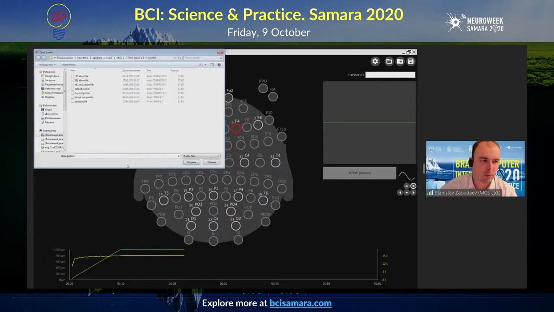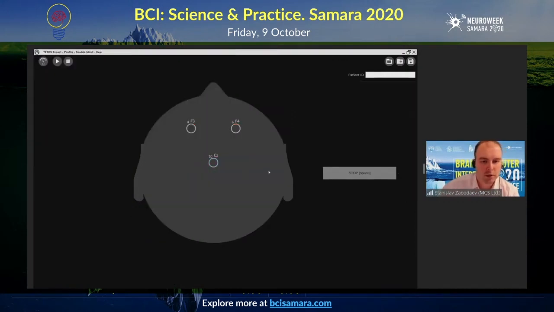And then when we select a profile, it's double blind, and this is what we see. The nurse came and she was told to use this profile for this patient. She sees F3 to channel 4, F4 to number 6, and CZ to number 10.